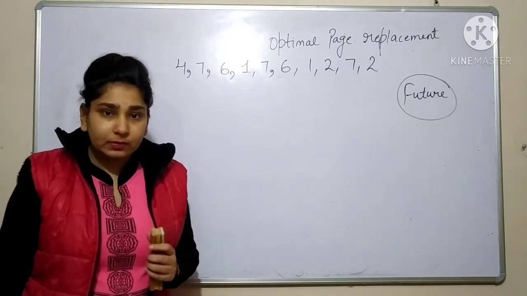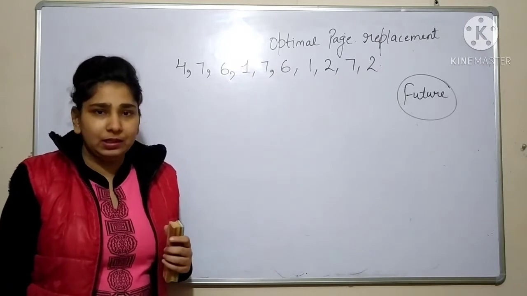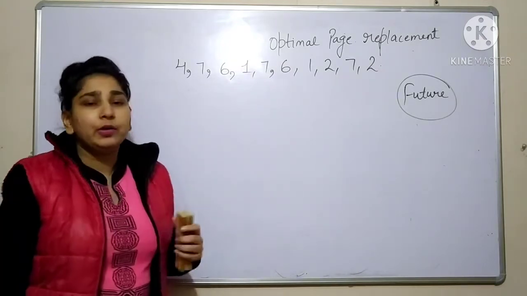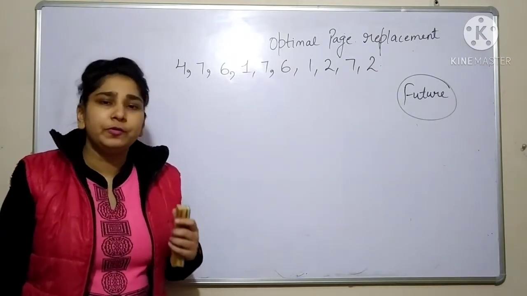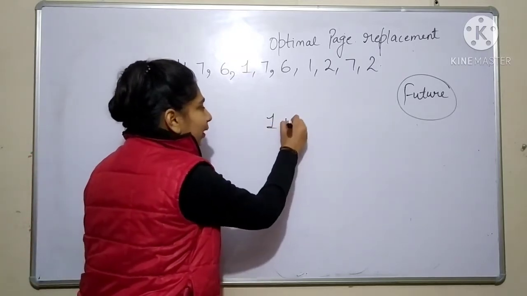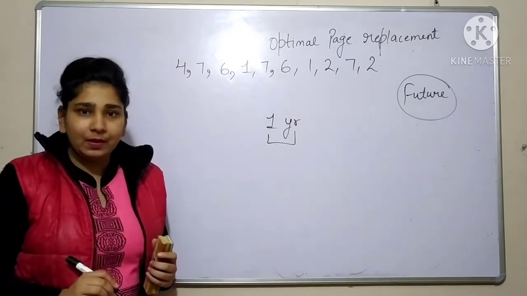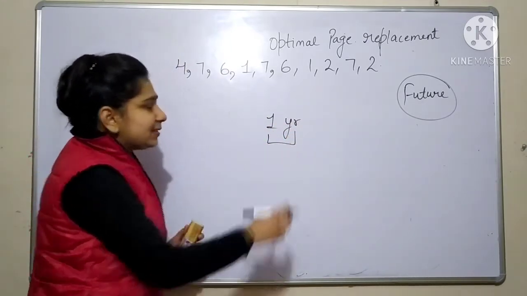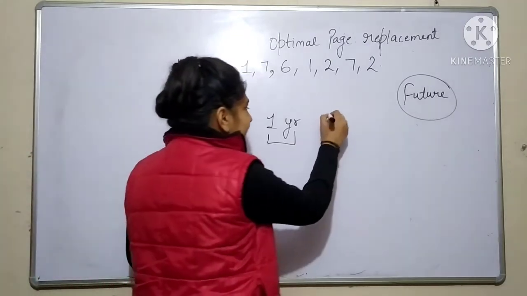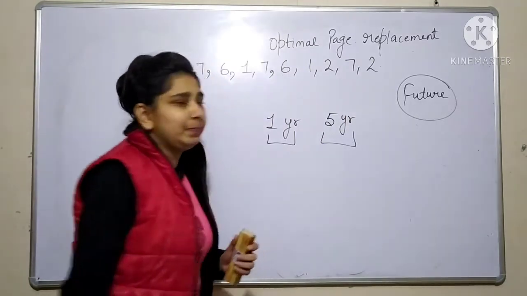Let's suppose you want to achieve some goal. You are going to make a plan for your future. You decided that within 1 year I will achieve this goal. After achieving this goal, after 5 years I will be achieving this goal.